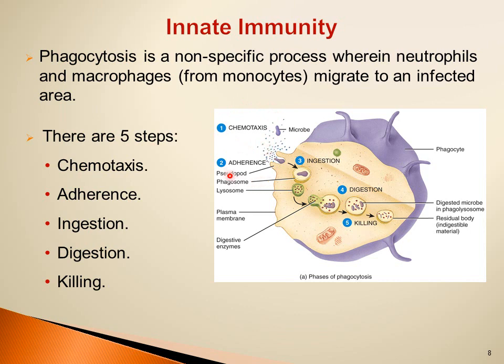Then adherence: the phagocyte will adhere to the microbe, and then ingestion by phagocytosis, and then the digestion of the ingested vesicle by lysosomes, and finally the pathogen is killed.